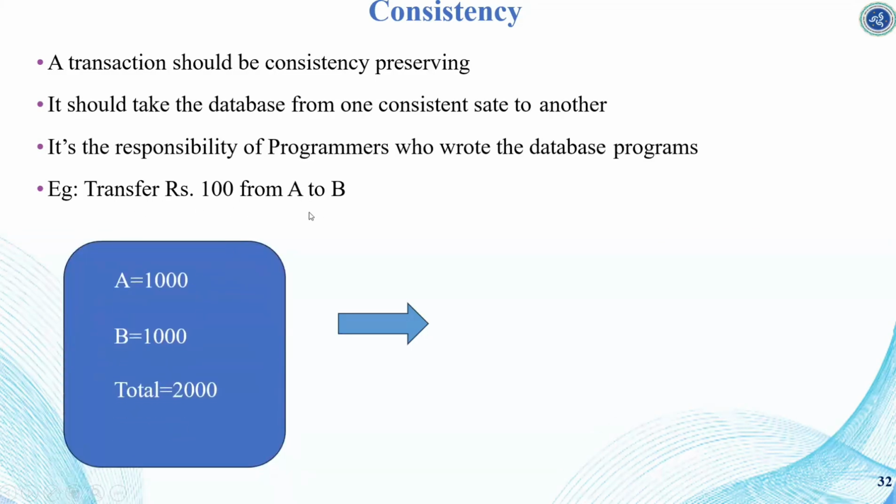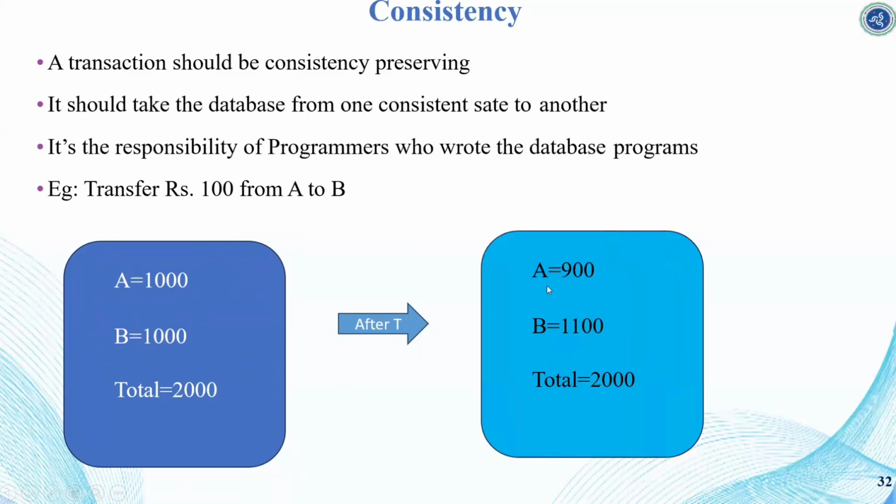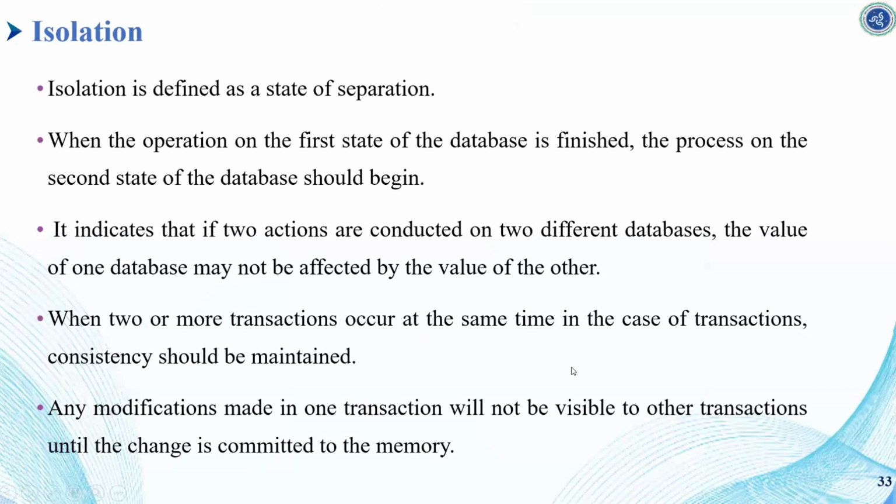Suppose A is having 1,000 rupees and B is also having 1,000 rupees, and I am transferring 100 rupees from A to B. So this is the final look. After the transaction T has occurred, what should be the value? A is 900 rupees, B is 1,100, and the total should be 2,000. Finally, the values of A and B should be correct. So after doing the transaction T, consistency is maintained.